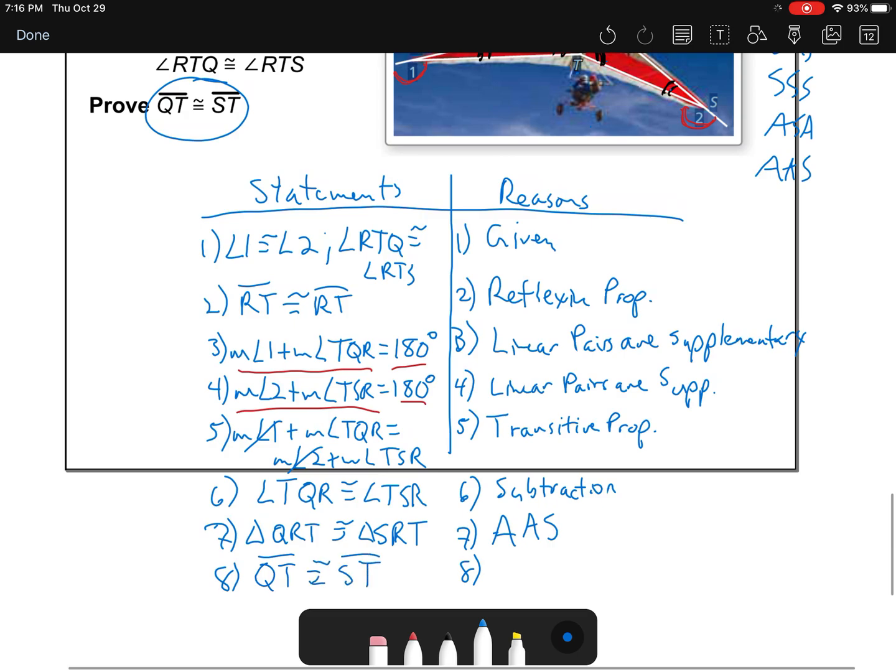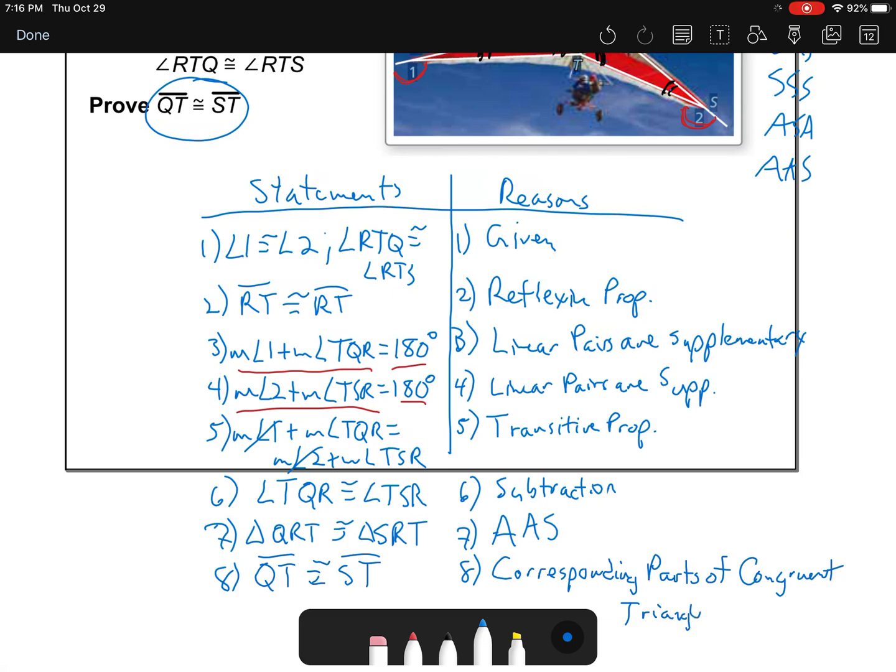But instead of saying, hey, because the triangles are congruent, those two parts have to be congruent, we say corresponding parts of congruent triangles are congruent.